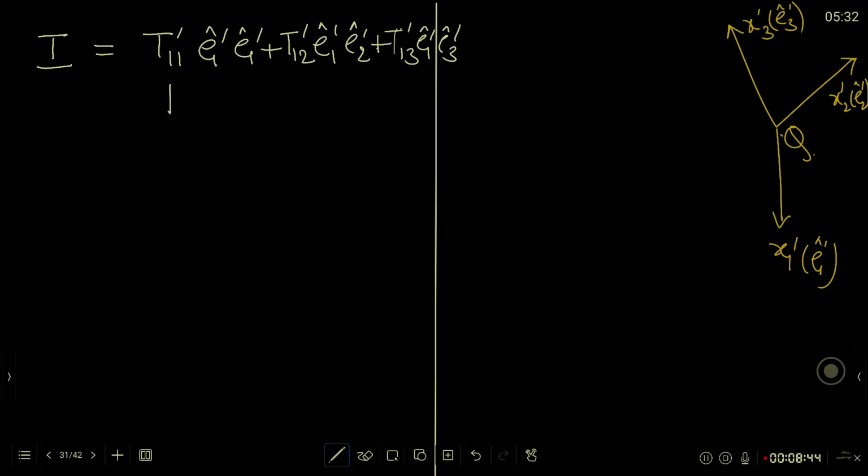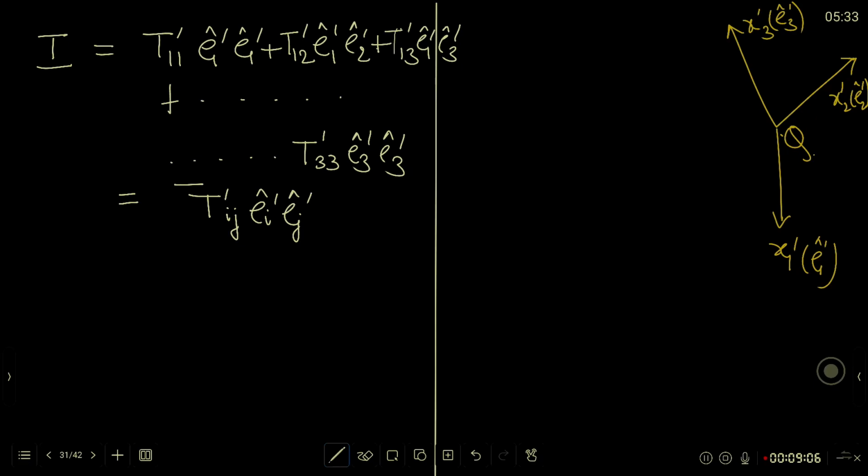Nine such terms finally you will have. I can write it in a compact form as a double summation, i goes from 1 to 3, j goes from 1 to 3. That's T in the yellow coordinate system.